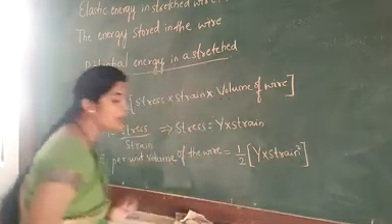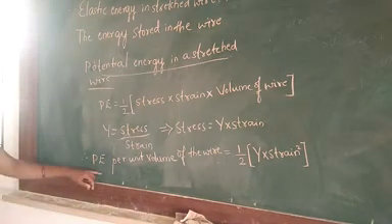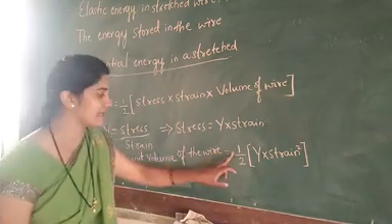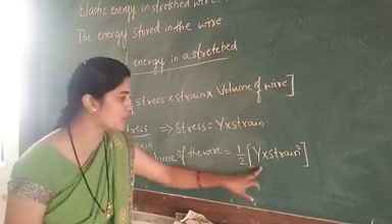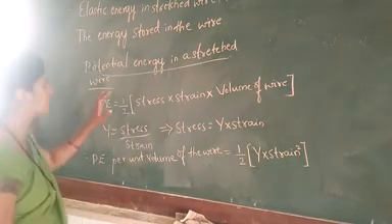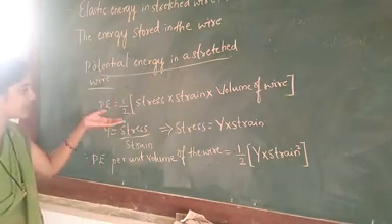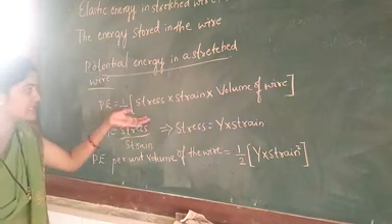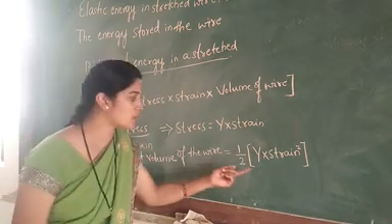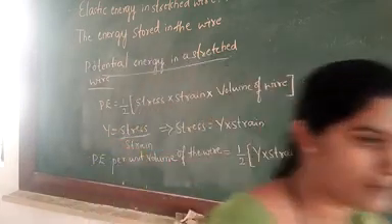This is about the potential energy. Here the potential energy per unit volume of the wire is the equation 1 by 2 Y into strain square. Y means the Young's modulus. See here, the potential energy in a stretched wire is 1 by 2 stress into strain into volume of the wire. Here what we get is just 1 by 2 Y into strain square.